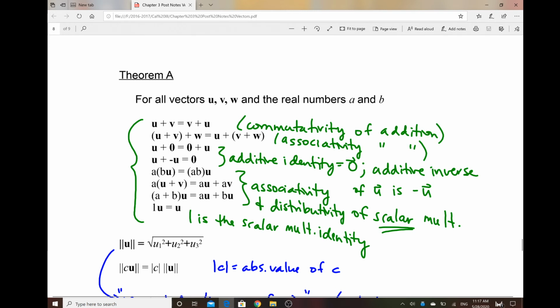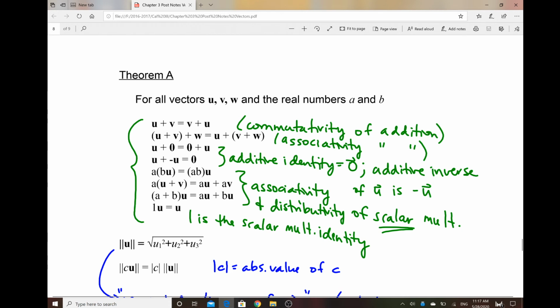In order to find the magnitude of three components, the magnitude of u can be written as the square root of u1 squared plus u2 squared plus u3 squared. And then the magnitude of c times vector u can be written as the absolute value of c times the magnitude of u.